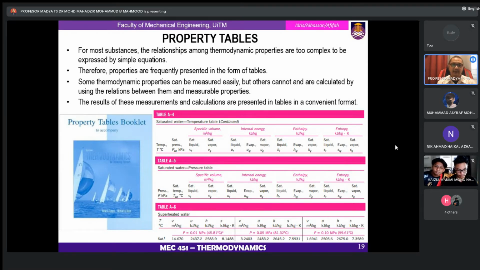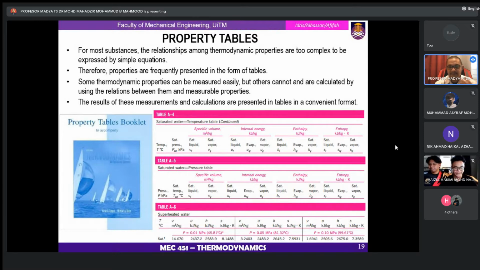So there are a lot of properties out there in the world that can have a relationship among thermodynamics. To make it easier to handle, the properties are frequently presented in the form of tables.